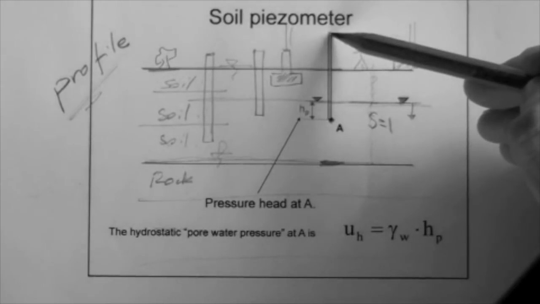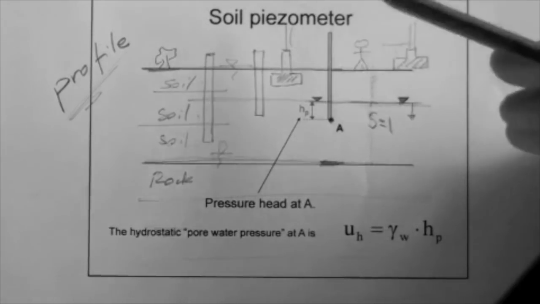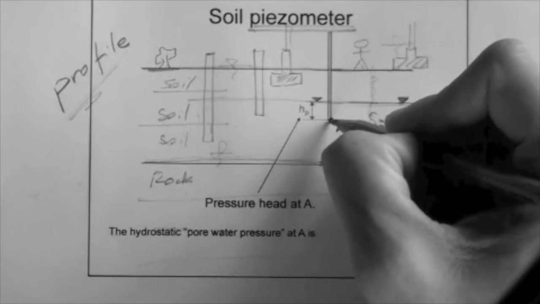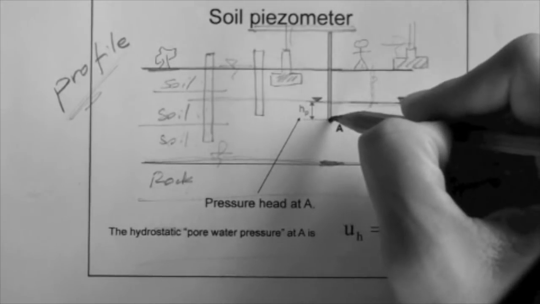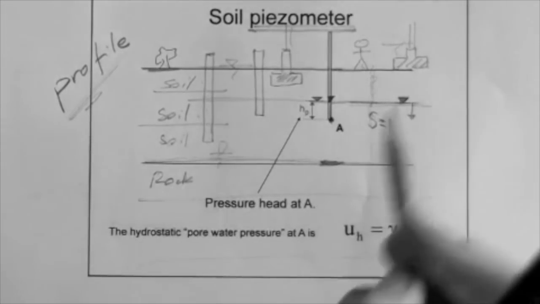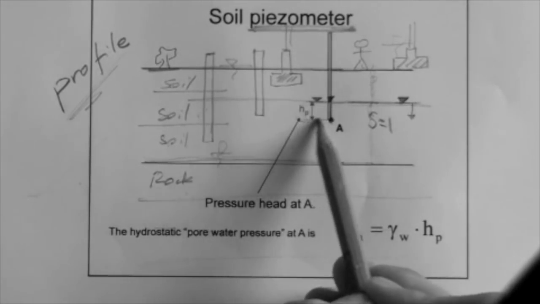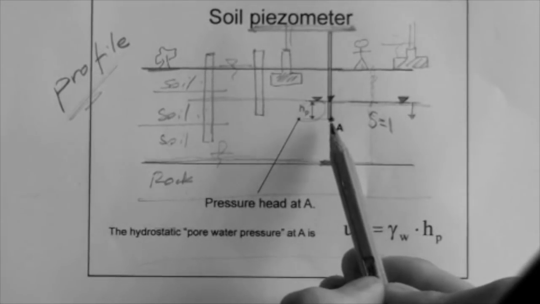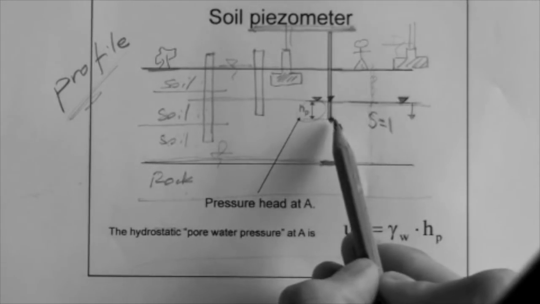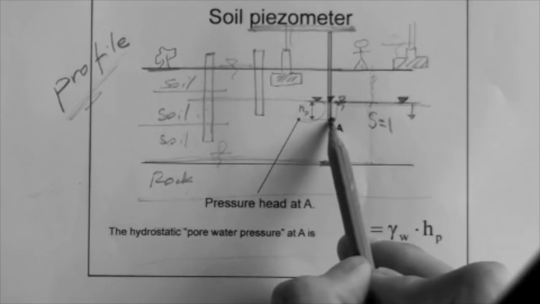Now, if we insert a tube, okay, so that the end of it touches that point, and that tube is that piezometer we talked about, then the water will rise inside the tube to denote, remember that this is a sensor, to tell us what the pressure head is. Okay? So the pressure head at a point within a soil layer is the distance from that point to the water table. Okay?